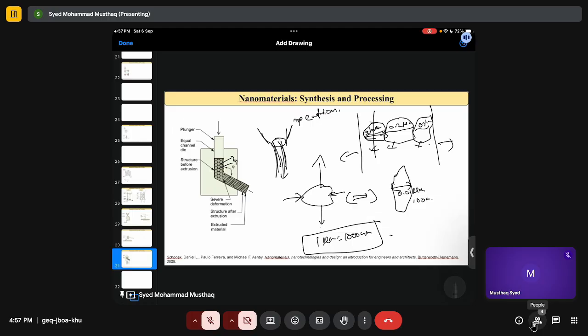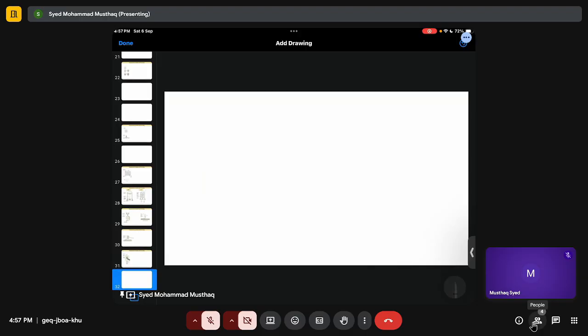Some copper rods. Initially they have a very large diameter, and they are forced into a die which has a larger diameter at first and a smaller diameter at last. So the copper wire, the copper rods.